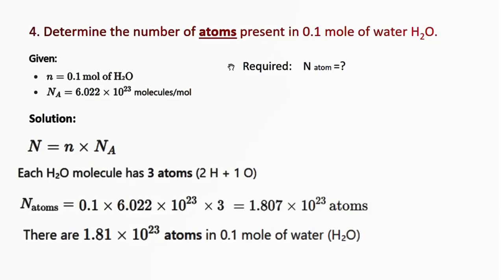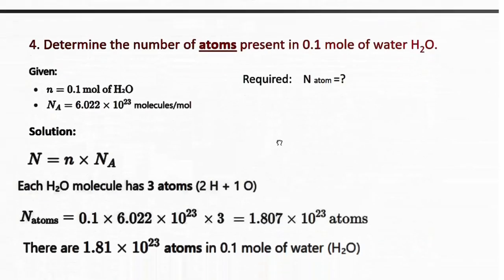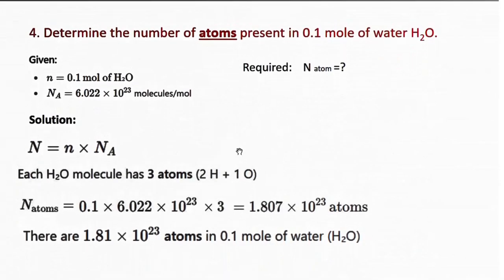If we are asked to calculate the number of molecules, we calculate as we learned in exercise 3. However, if we are asked to calculate the number of atoms, we must multiply by the number of atoms in the molecule. Let's clarify that. We have the number of moles and Avogadro's number.